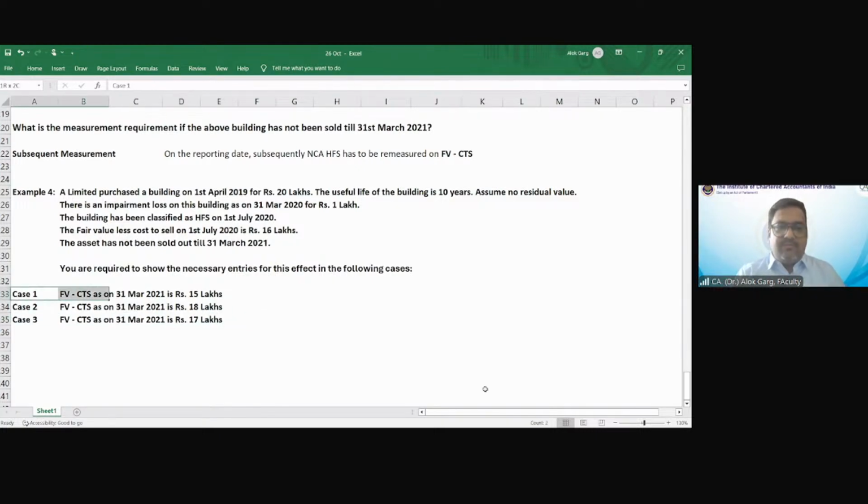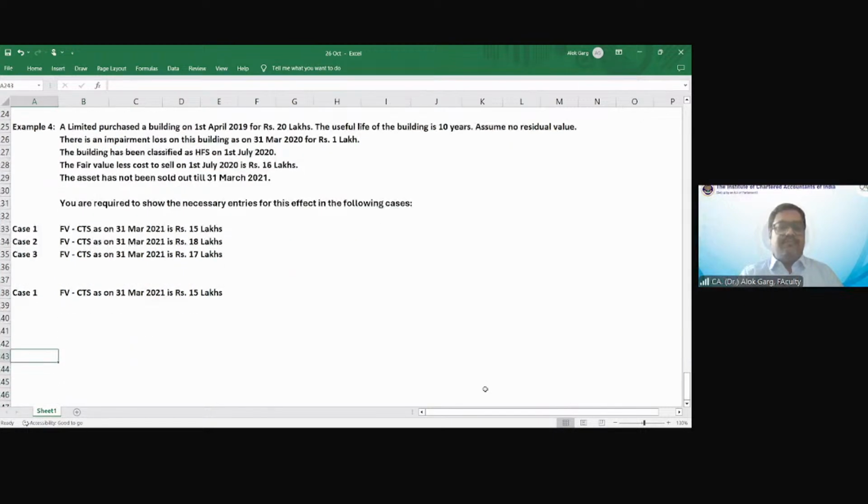So, first of all, let's talk about the case 1 solution. First, what was the carrying value?